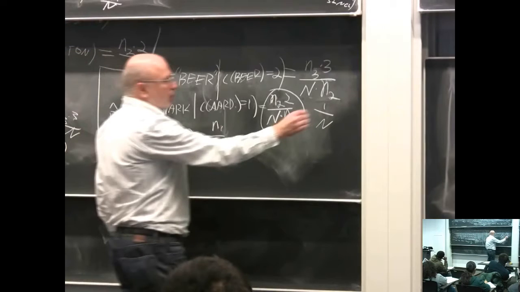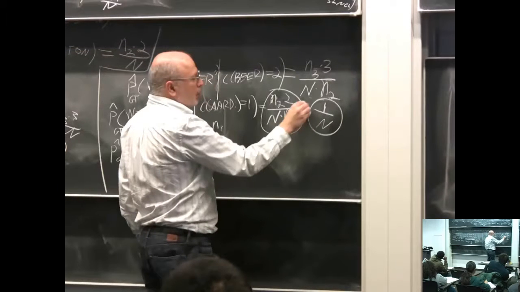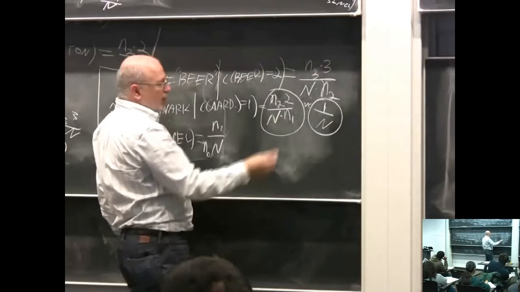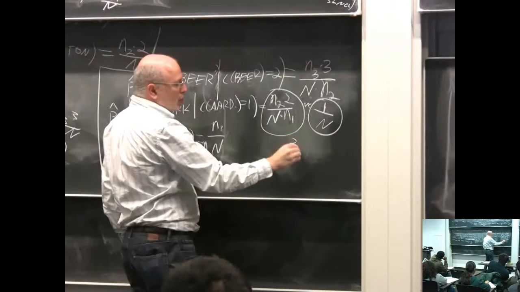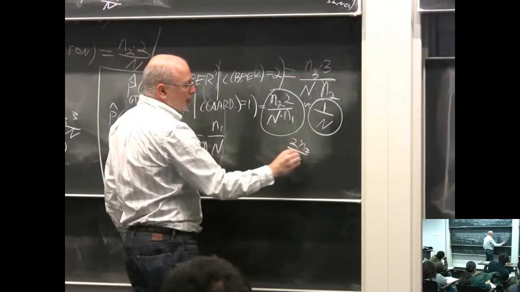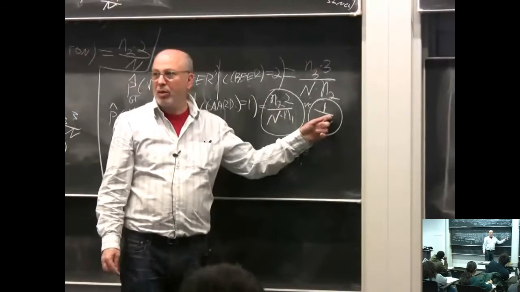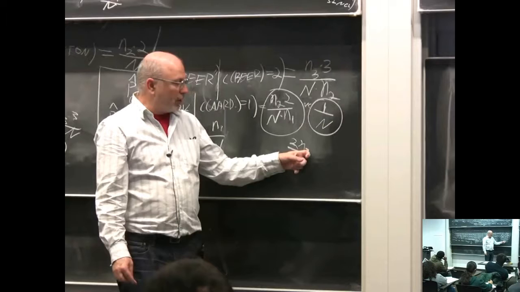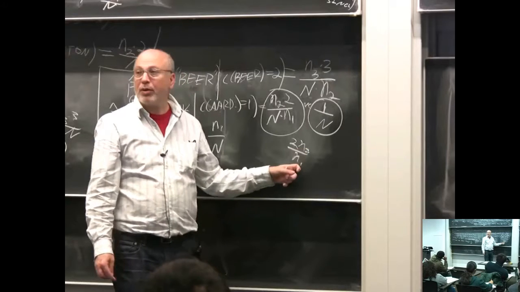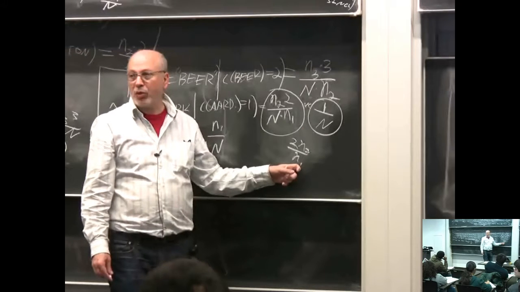So now you compare these two, and it's 1 here, and it's 2 n sub 2 over n sub 1 here. And I told you that this is smaller than this, almost for sure. So that means that n2 is less than half of n1. And that is true.